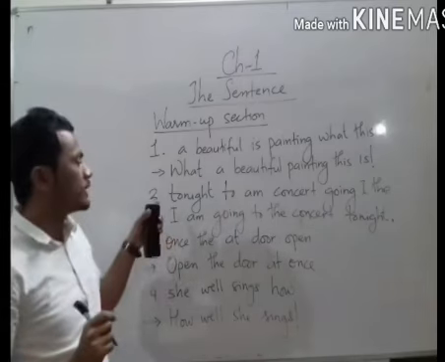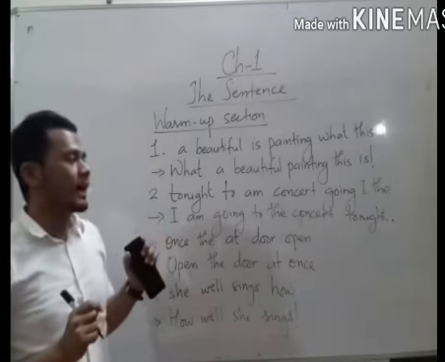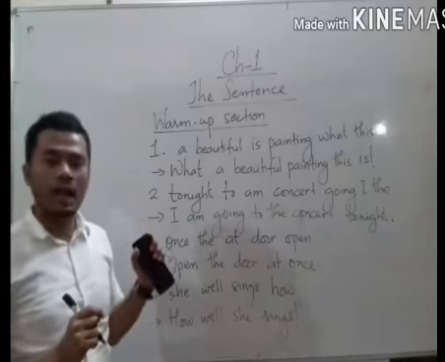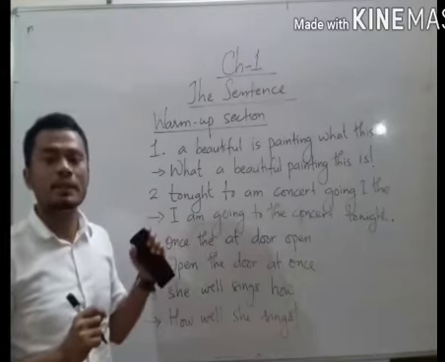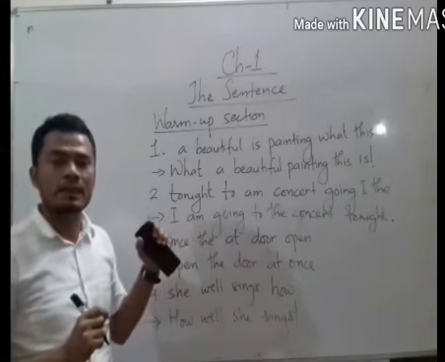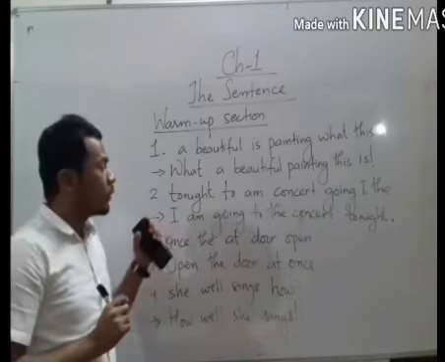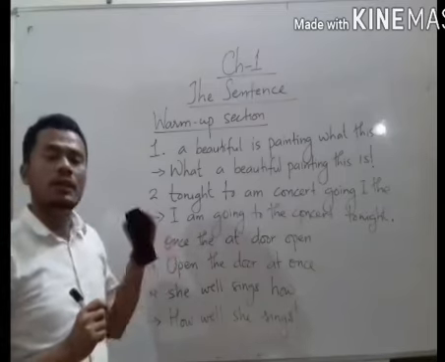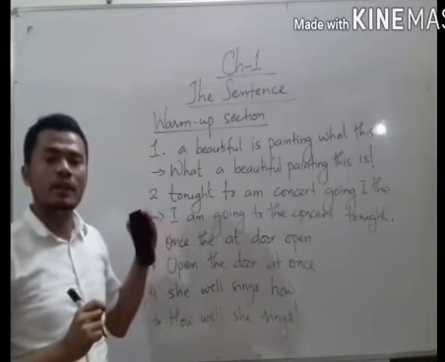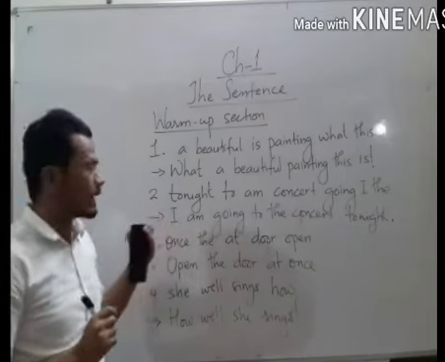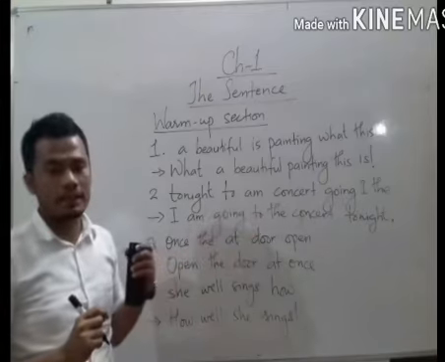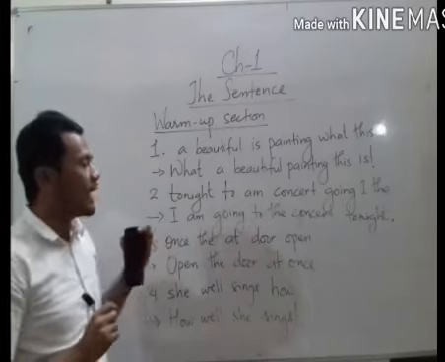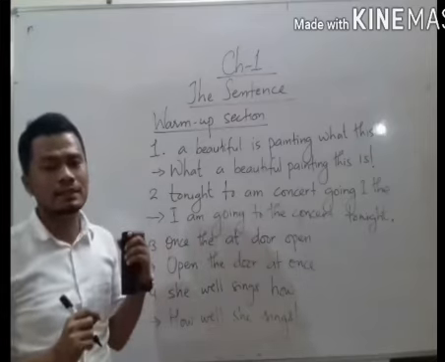Here I have written: tonight to an concert going I the. This is also not a complete sentence because the words are not arranged in proper order. When we arrange the words in proper order, it becomes: I am going to the concert tonight. It ends with a full stop and it is an assertive sentence.